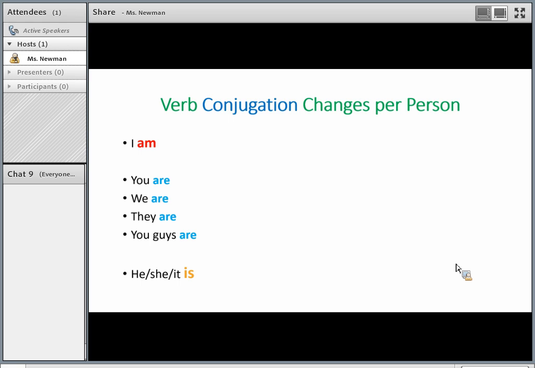Or we is. That doesn't work. Those verb conjugations go exactly with that subject pronoun in English and in Spanish. So we're going to look at what that looks like in Spanish. Okay, so hopefully this really makes sense, what we're looking at.